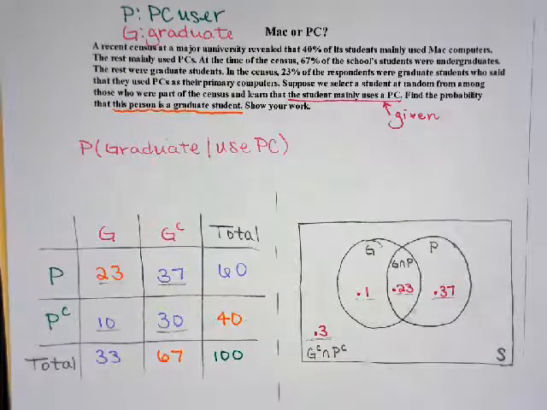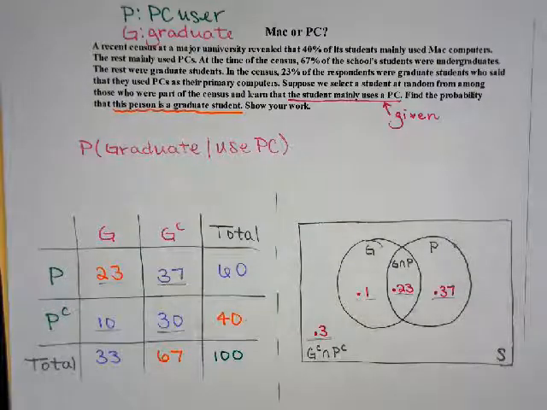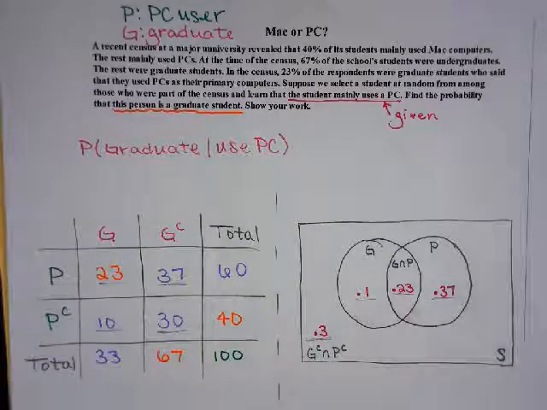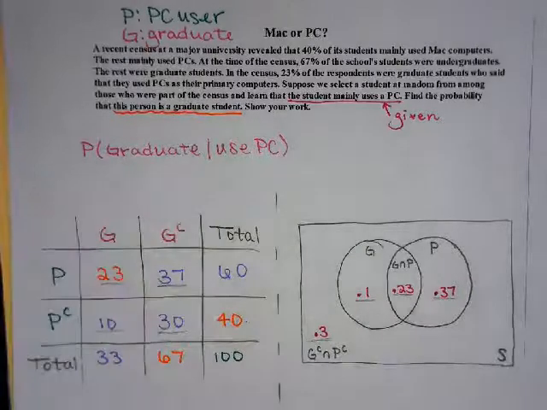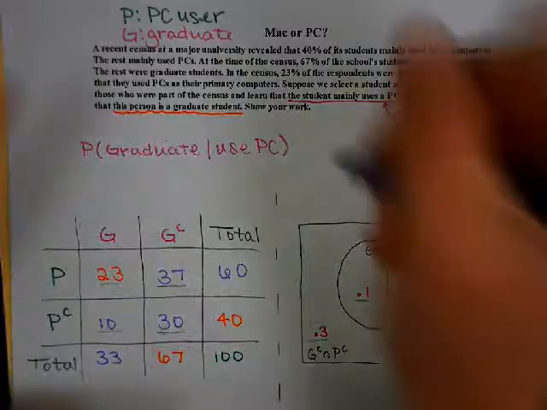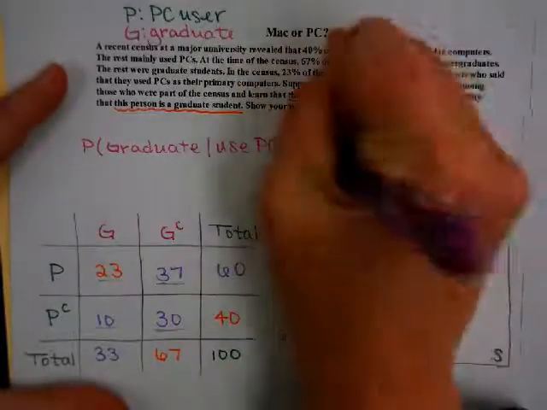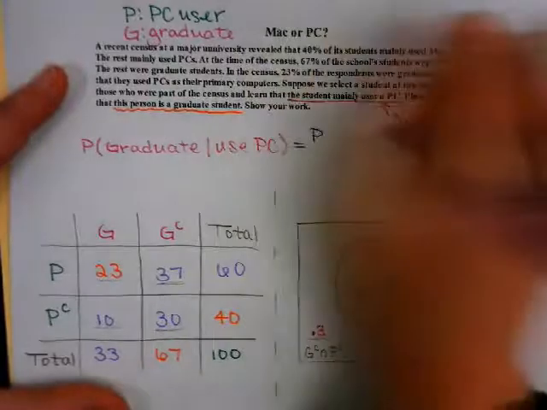So now we're actually going to go back to the probability the student is a graduate given they use a PC. On top, we want the probability they're a graduate and use a PC. On the bottom, we want to divide by the probability they use a PC.